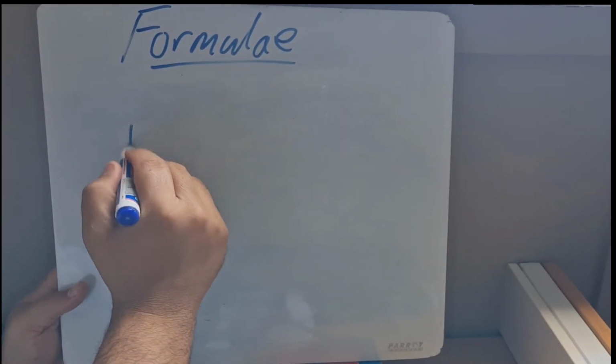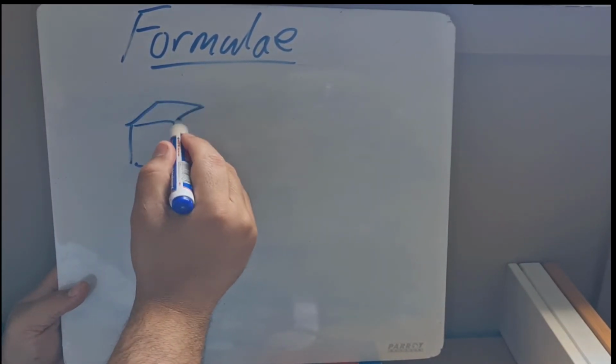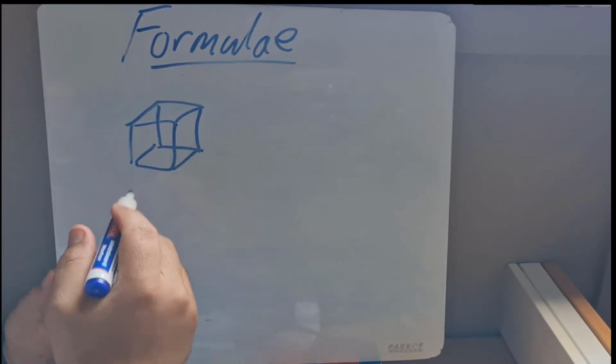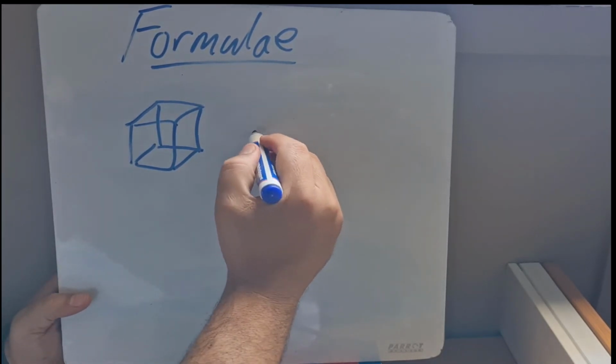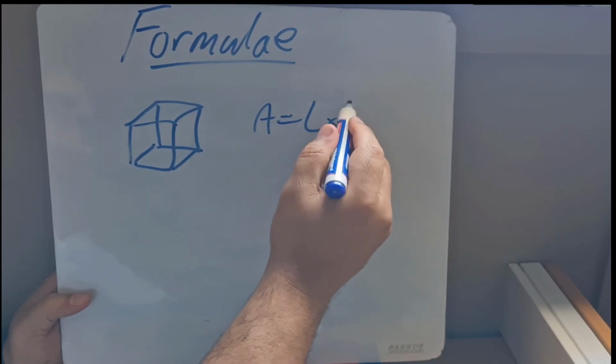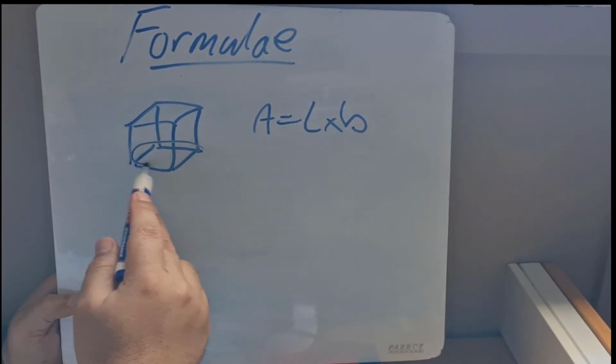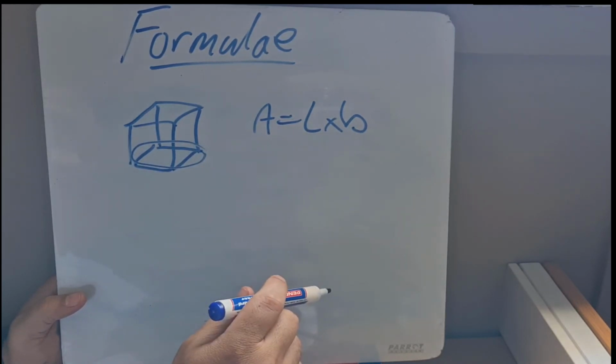Now, when we deal with 3D objects, okay, like a normal box, and I know my art isn't great, but if we are dealing with a 3D shape like a normal box, we not only, because normally our formula is going to be area equals length times breadth, okay, because there's our surface area, right?